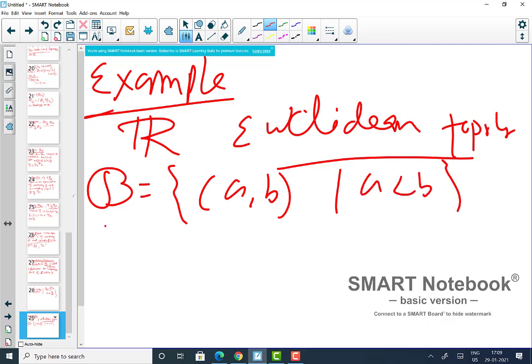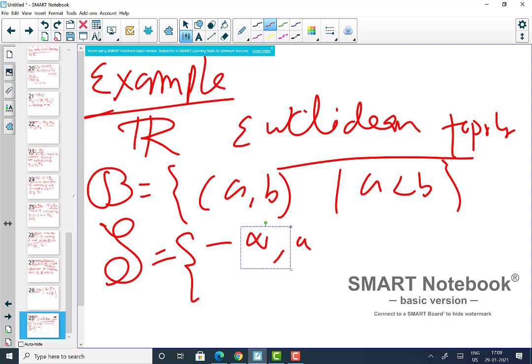Now you can define a subbasis. These are the open rays: sets of this form, infinite on the left side, and you can also have infinite on the right side.